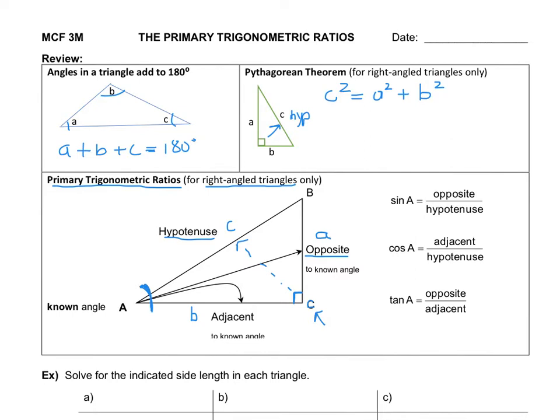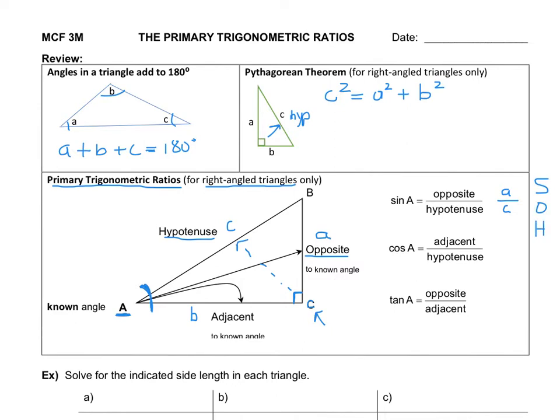For our primary trig ratios, if we talk about the sine ratio for angle A, sine is the opposite side, in this case little a, over the hypotenuse, which is side c. In terms of remembering this, we might use the acronym SOHCAHTOA.